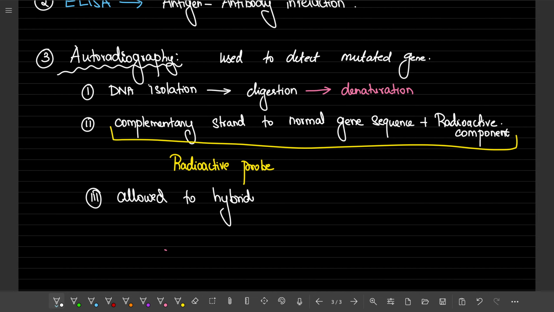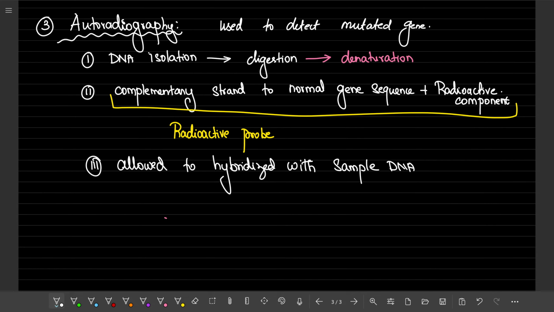So, the radioactive probe. When this radioactive probe is allowed to hybridize with the sample DNA. What is the sample DNA? Sample DNA is the one that we want to identify whether it has mutated or not. So it is allowed to hybridize with the sample DNA.